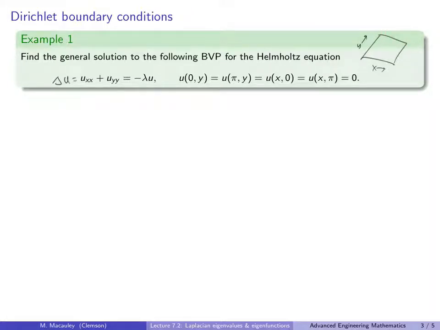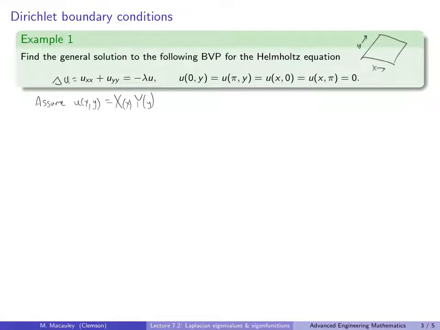Okay, we're going to solve this like we always solve it. We will assume that there's a solution that is a function of x times a function of y, plug it back in, and separate variables. So let's do that. So we will assume that there is a solution, u of x, y, which is big X of little x, and big Y times little y.